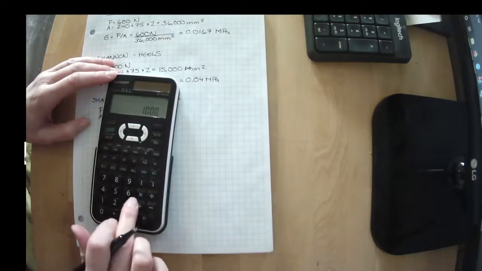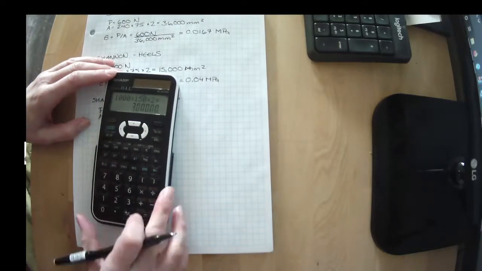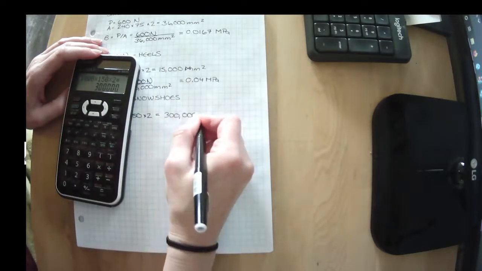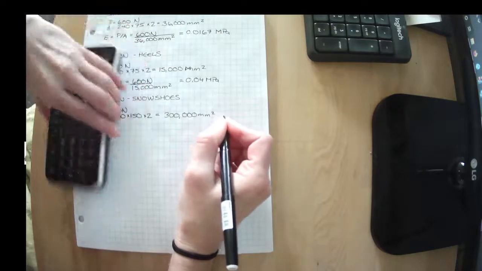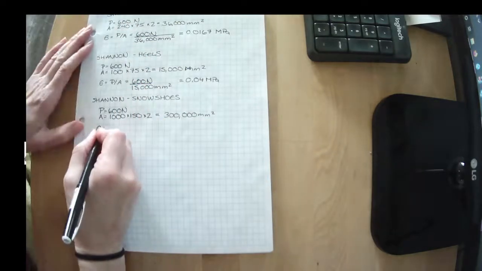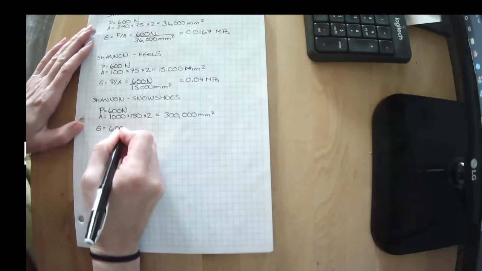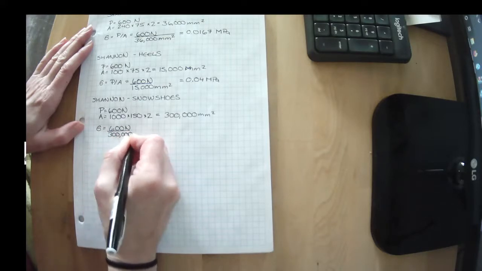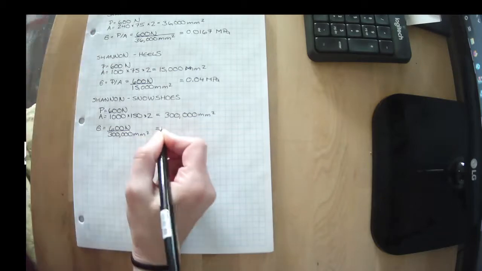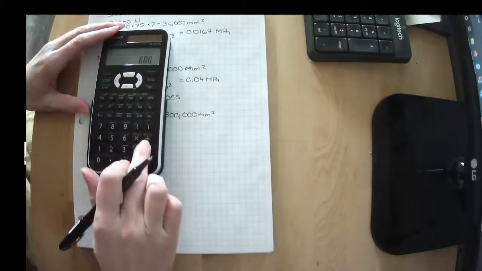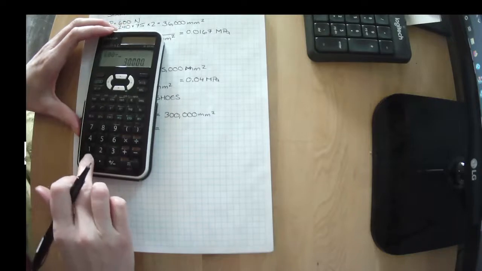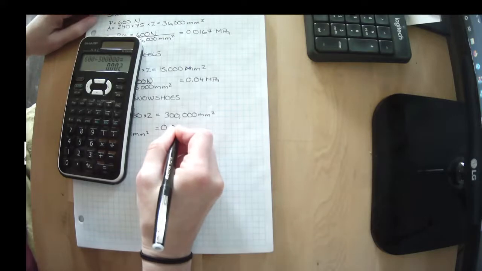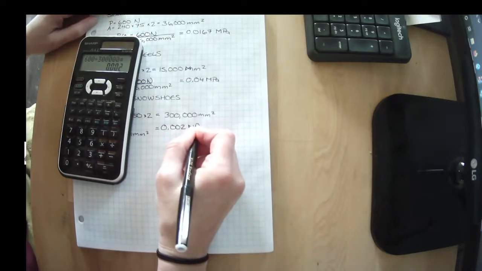So 1,000 by 150 by 2 is 300,000 millimeters squared, or our stress equals 600 newtons divided by 300,000 millimeters squared. 600 divided by 300,000 is 0.002 MPa.